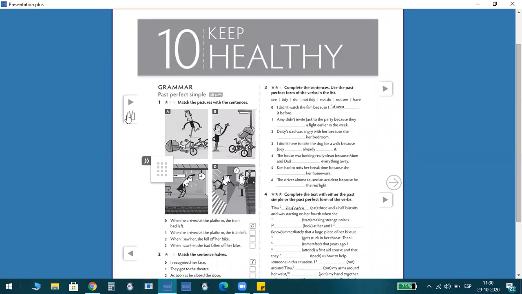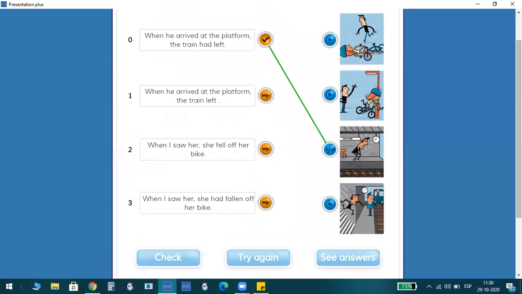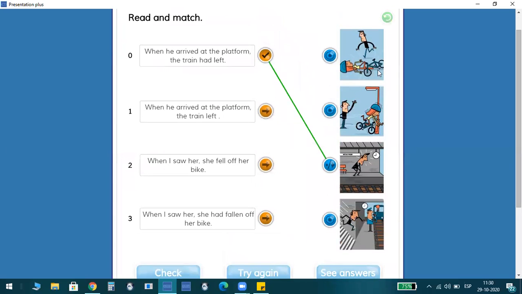Okay, let's go. All right, people, you need to help me out. So we have different pictures and we have different situations. We're gonna see what's going on. You help me. So when he arrived at the platform, the train had already left. That's the picture number 3. Next one is when he arrived at the platform, the train left. That's picture 1, 2, 3, 4.